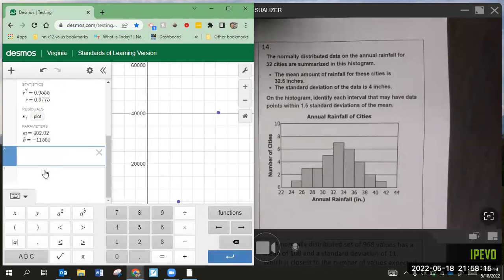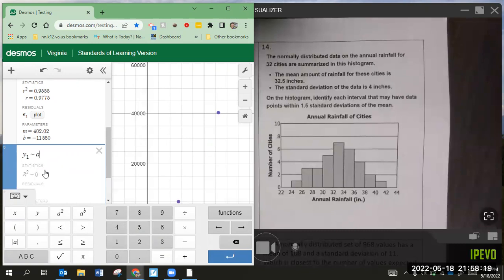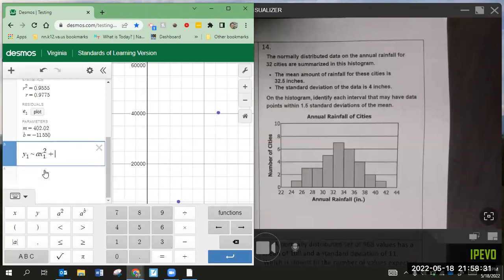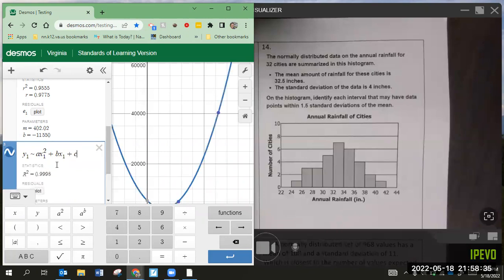However, maybe a curve like a x1 squared plus bx1 plus c.